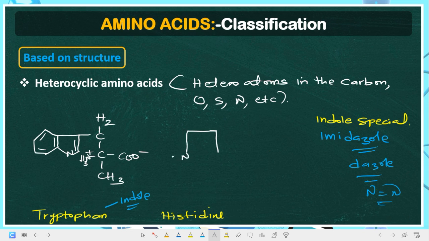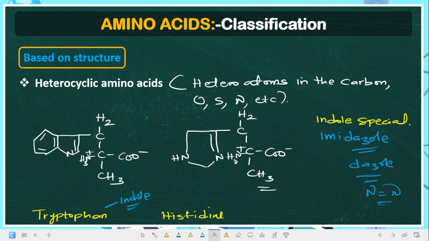Then you have nitrogen, H, and then you have H, and something like this. This is the imidazole functional group. And then what will be here? Alanine. This is the structure of alanine again. Here will be H3N plus, then COO minus, and then what do you have here? CH3. So this is histidine.